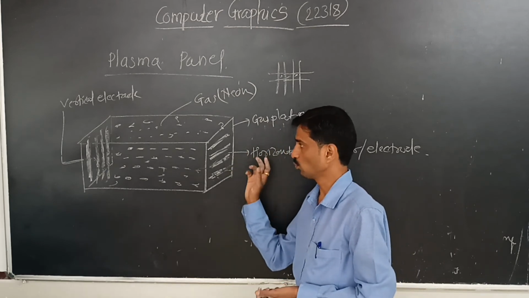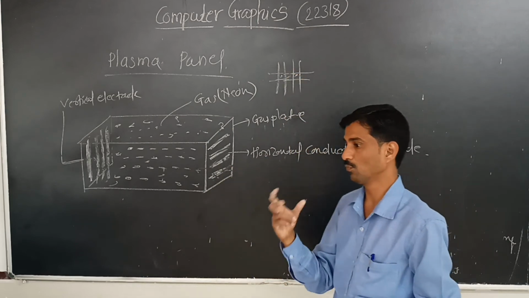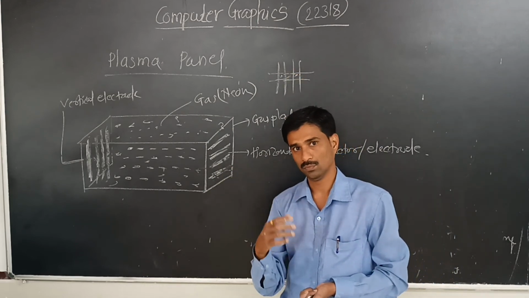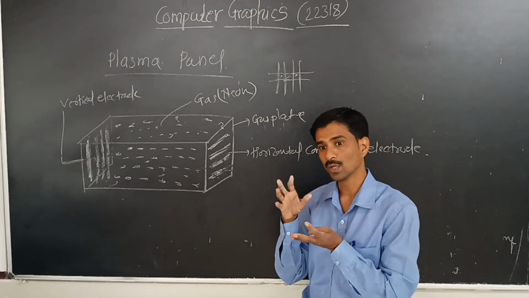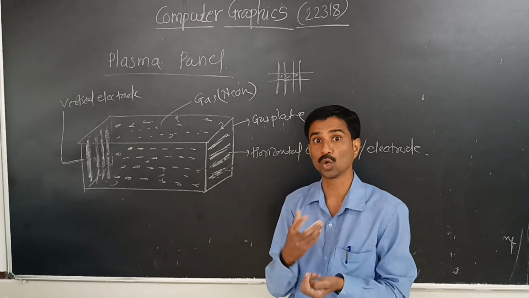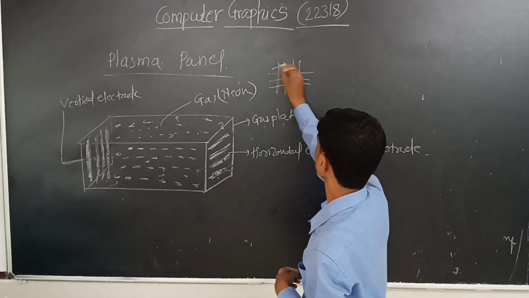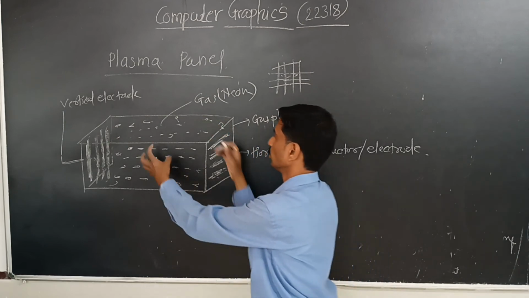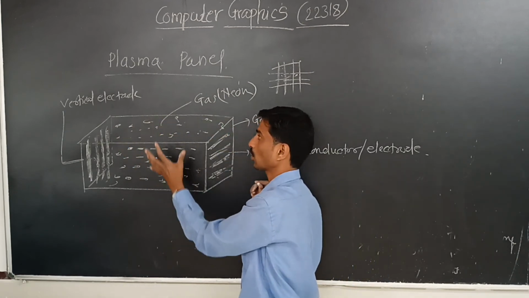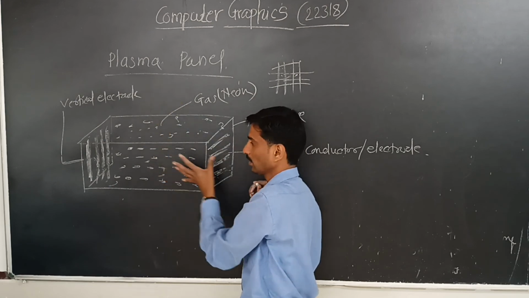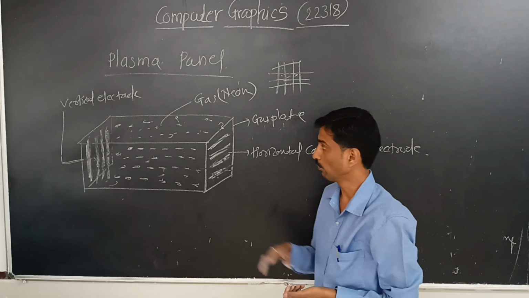As we apply different voltages on this intersection, it will glow. They make the intersection points shine or glow. So the gas is converted into tiny cells called plasma, and it glows.